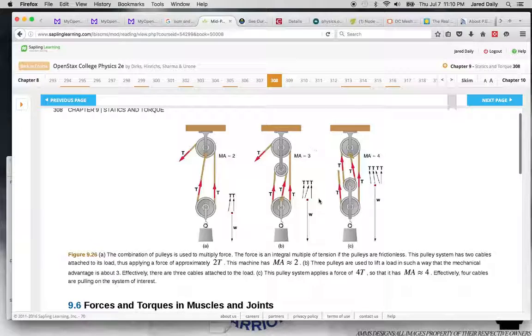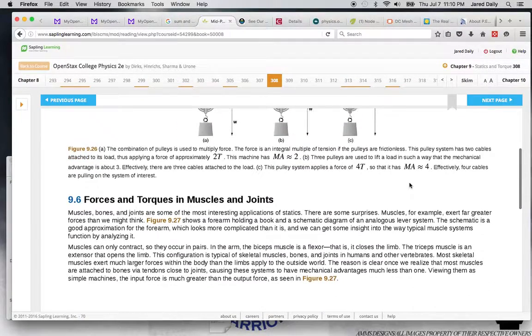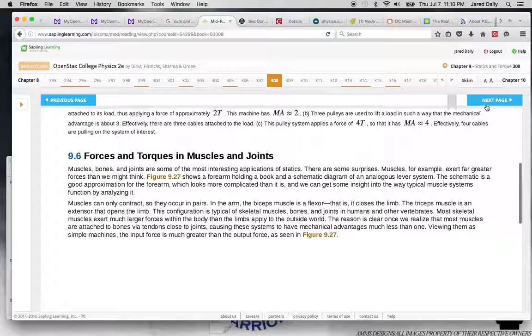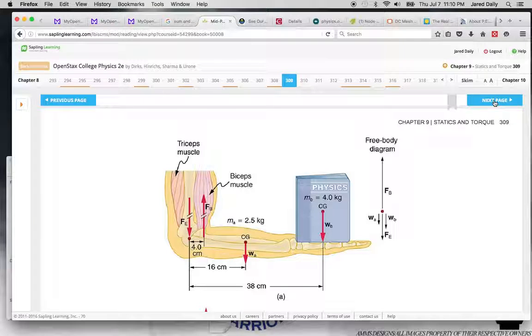You can do the same thing with gears, and we do the same thing with gears in cars. This next part is actually a lab that we will try to do in our last week, where we have this fake arm, and you're lifting some object here.